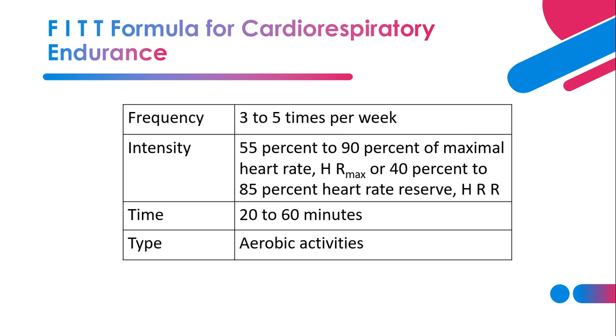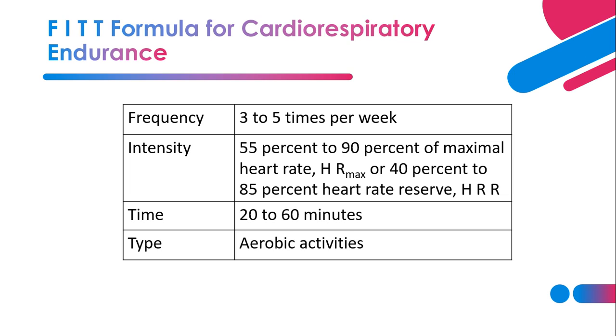ACSM recommends that we exercise 3 to 5 sessions per week for a minimal improvement in cardiorespiratory fitness. Many individuals choose to work out more often. However, the body must have time to recover from the effects of exercise. Exercising every other day and following a strenuous workout day with a less strenuous recovery day are strategies individuals can implement to allow the body to recover.